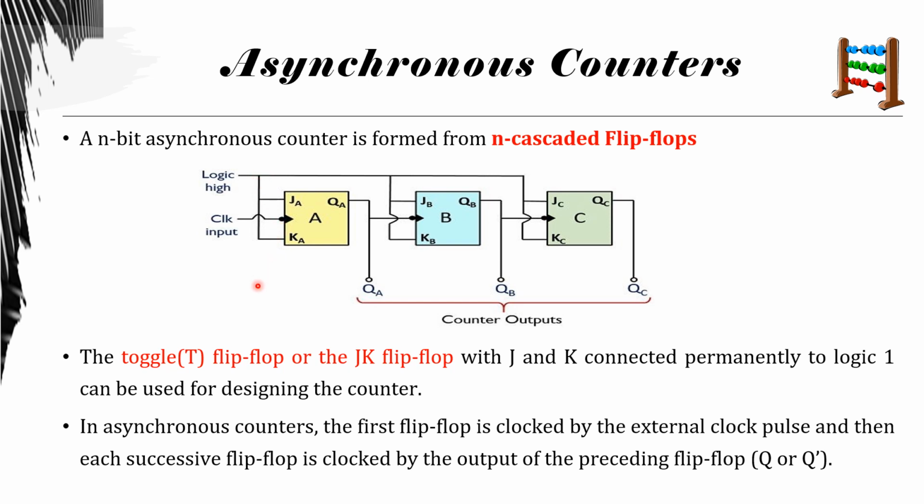In asynchronous counters, only the first flip-flop is clocked by an external clock pulse, and all the remaining flip-flops will be clocked by the output of the preceding flip-flop. In this case, the output of the flip-flop, that is Q, is connected as the clock input of the next flip-flop.